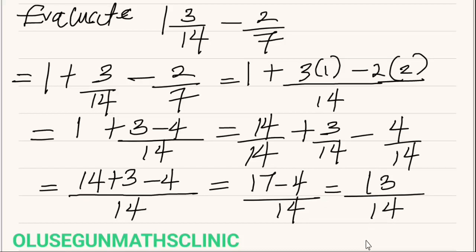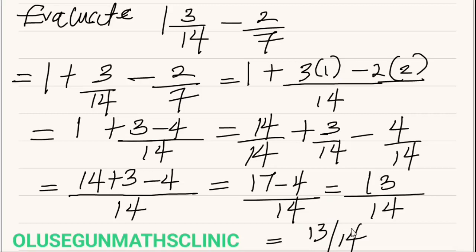So that is how. There's a logical thing I did here, which is instead of writing 1 over 14, giving you a little problem, 1 can also be written as 14 divided by 14, and 3 over 14 minus 4 over 14. So therefore, we have your final answer to be 13 over 14. So that is how.